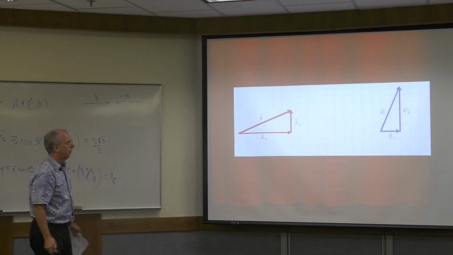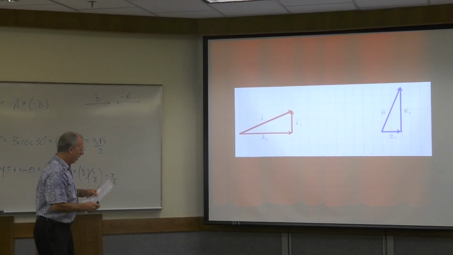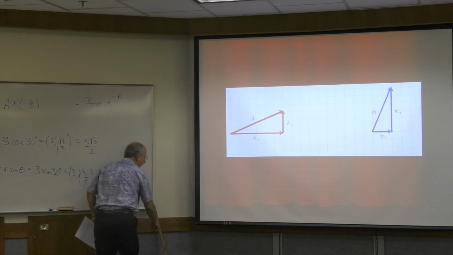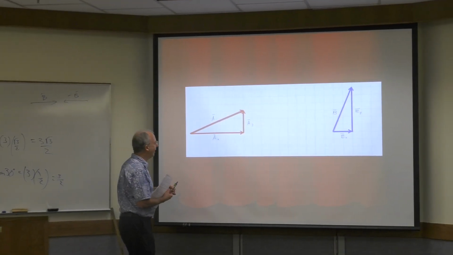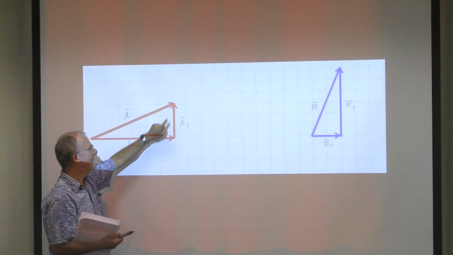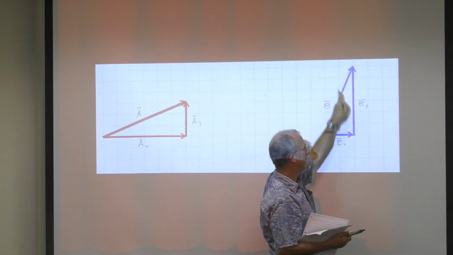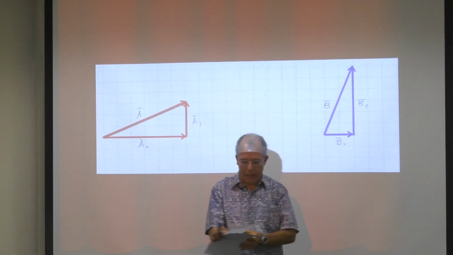All right, let's do some vector algebra. Here is vector A with components AX and AY. Here's vector B, components BX and BY.